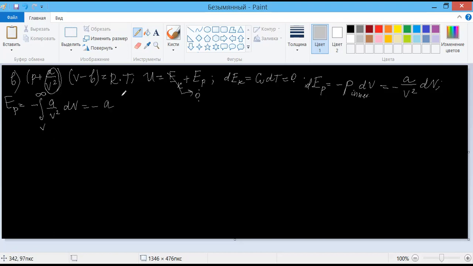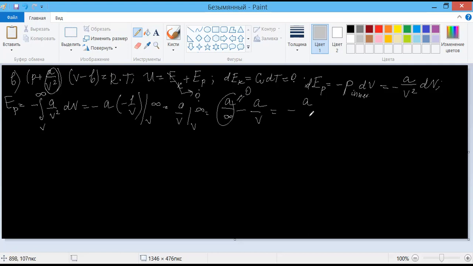It's easy to do. So when we've got infinity in the denominator, that equals 0, right? And finally, we've got minus A over V.